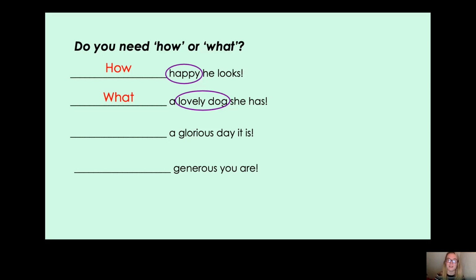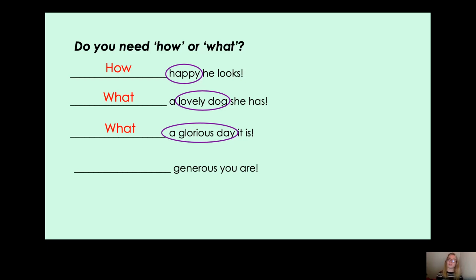Okay, Year 2. So the next one, a glorious day is what we have after the gap. Now, what is a glorious day? Is it an adjective or a noun phrase? Brilliant. It's a noun phrase because look, it's got the adjective glorious and the noun day. So what do we need before it? How or what? Yes, we need what before it. We always have what before a noun phrase made up of an adjective and a noun.